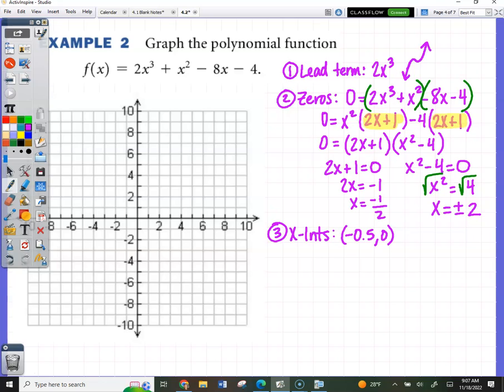So there's, with multiplicity, 1. And then I've got, what here? Just one of them. We've got negative 2, 0. Also multiplicity 1. And then you have positive 2, 0. Multiplicity 1.